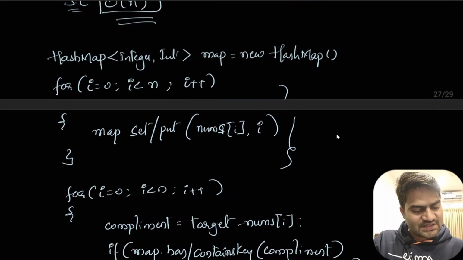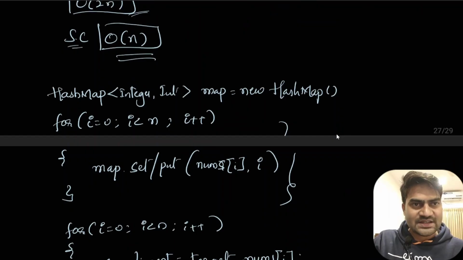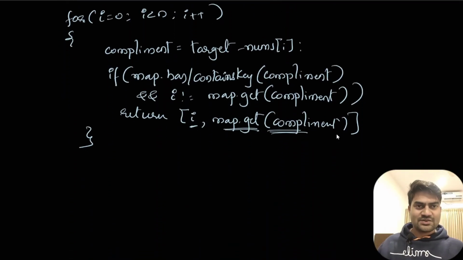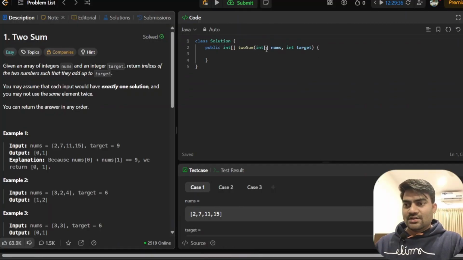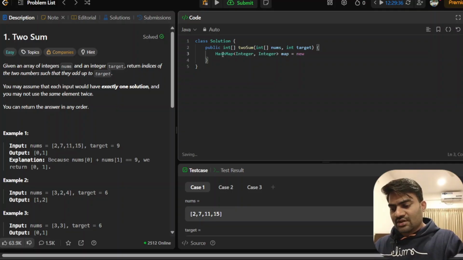And we have seen its time complexity is order 2n and space complexity is of order n. Okay, so with that, let us try to execute this and see. Let us create a hash map of integer comma integer. Let's call it map equal to new hash map.